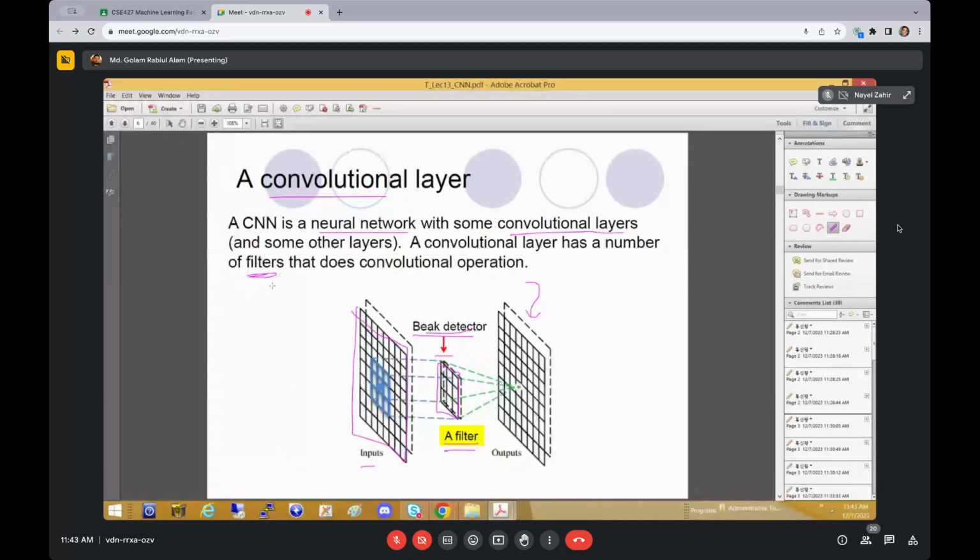One of the filters we introduced is the beak detector. Similarly, another filter we need to introduce is the eye detector. Another filter we need to use is maybe a wing detector, leg detector. So several filters we need to introduce for finding the several important features.